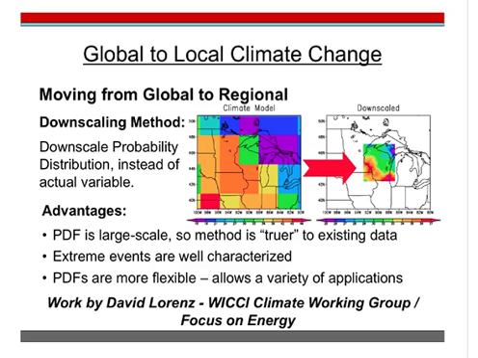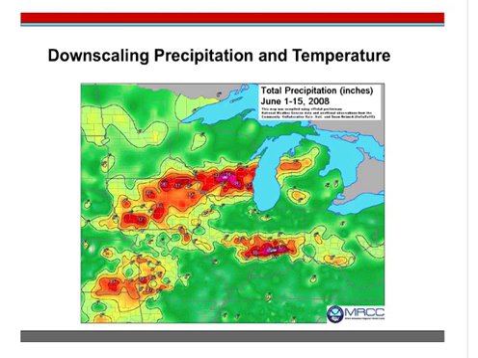And probably the most useful thing, which we kind of realized as an after effect of this, is that these probability distributions are incredibly flexible. It allows us to use this data in a really wide variety of applications. So let me give an example of what I mean by downscaling the probability distribution.